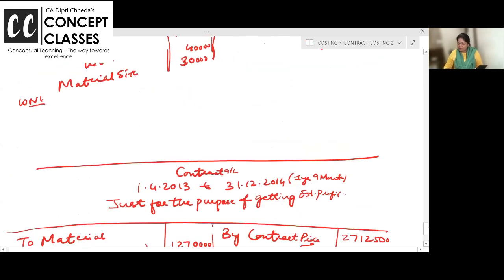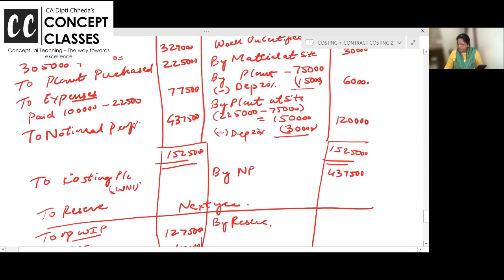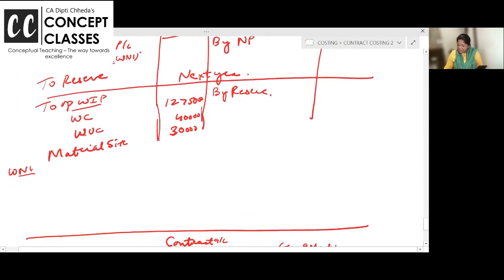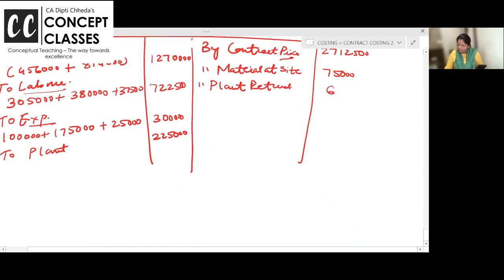That I can copy from here. In last year only you have 75,000, 15,000 minus करके 60,000 plant you have returned. Plant returned: 75,000 minus 15,000 depreciation at the rate of 20%, 60,000.